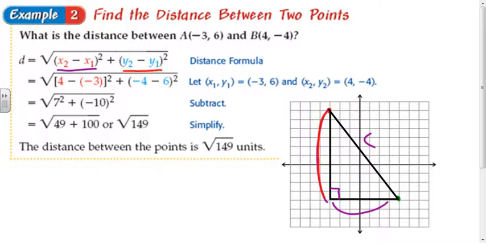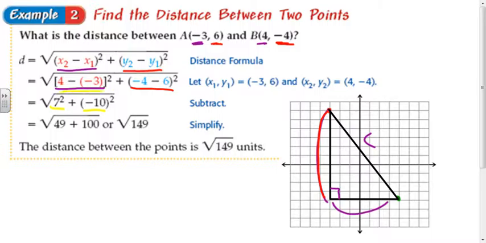So we just plug in our numbers. We would say 4 minus -3. We got that from 4, -3, plus our -4 minus 6 gives us these ones here. So we basically just plug in our values into our formula. Now a little algebra, just solving those through, gives us this 7 squared and -10 squared.